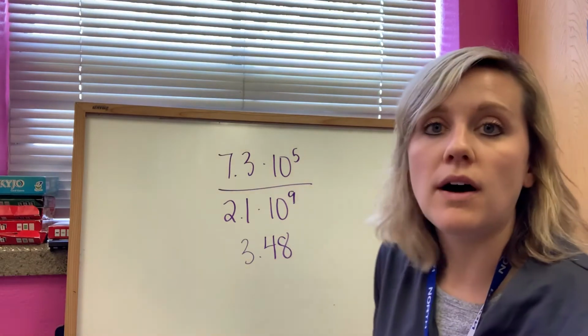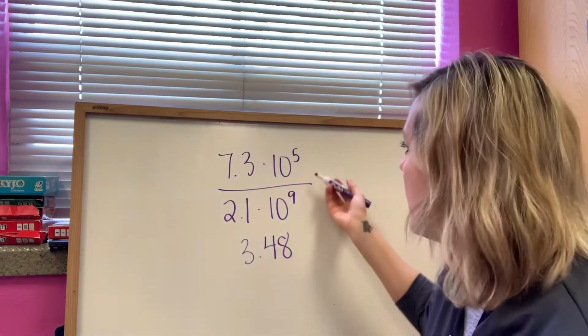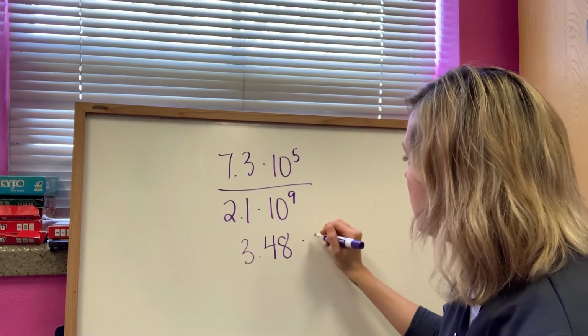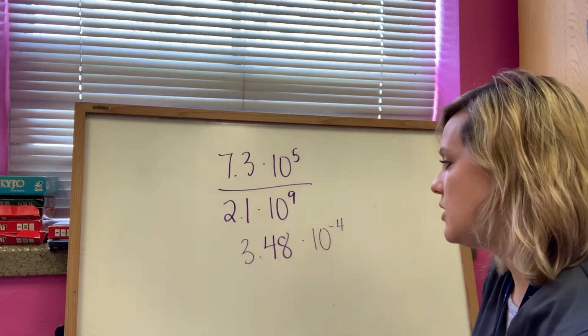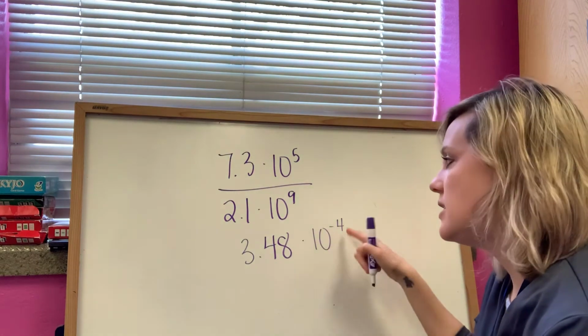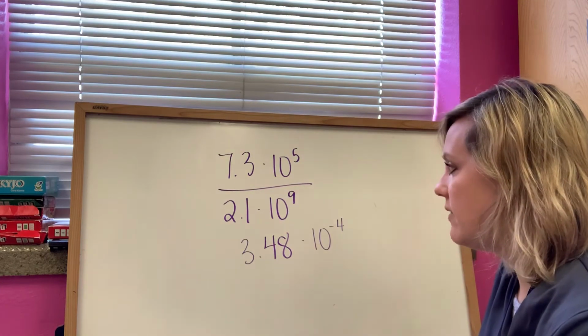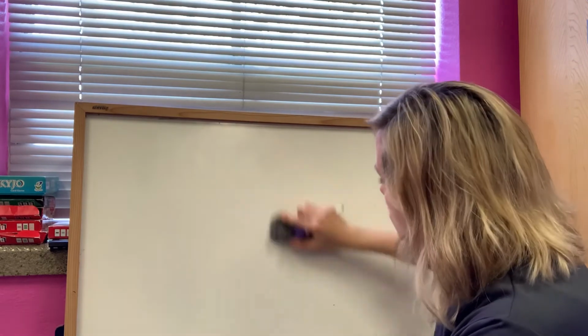And remember, you can pause the video and try and do it yourself and then go over it with me. And then 5 minus 9 would give us -4. And that is our answer. Our first number is in between that 1 and 9.9, and then it's okay with scientific notation to have a negative exponent.